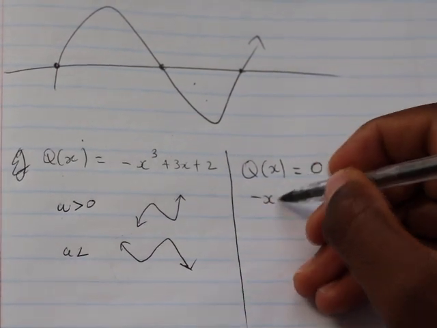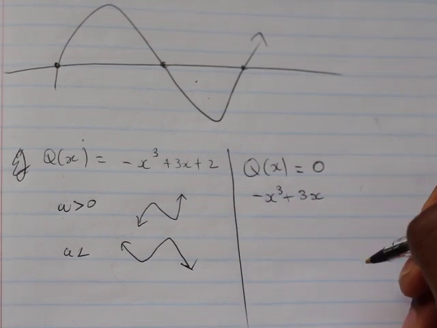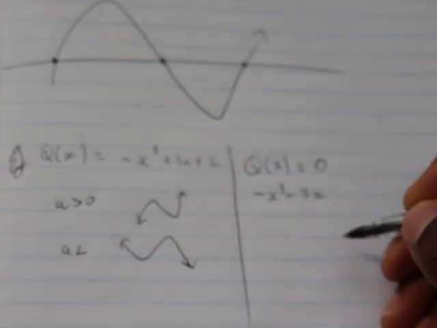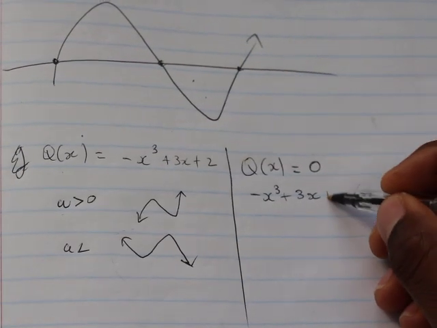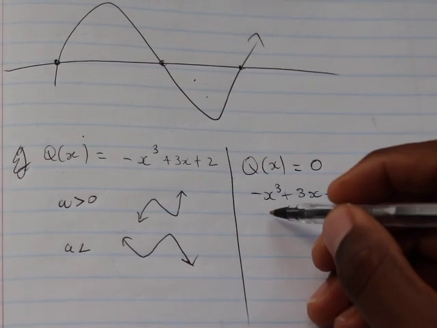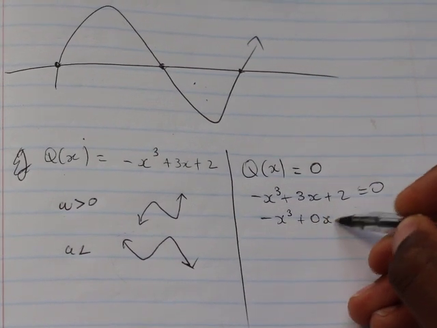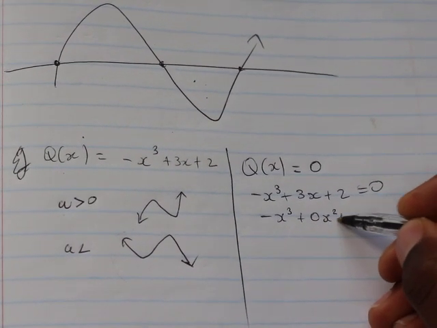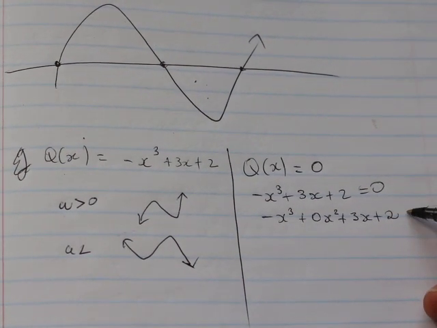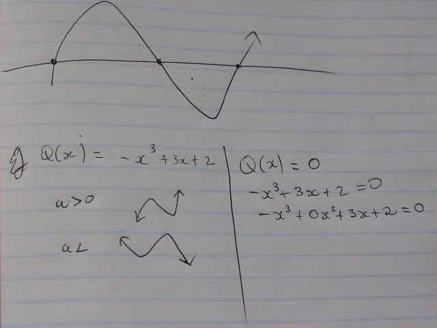So minus x cubed plus 3x plus 2 must be 0, but obviously we need to rewrite this whole thing as minus x cubed plus 0x squared, so that you guys can see that the x squared term is actually there, just that the coefficient is 0.